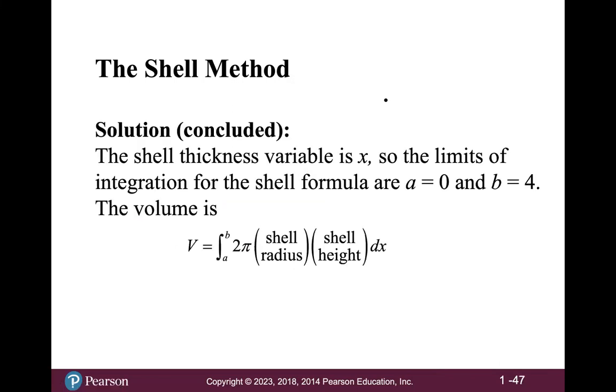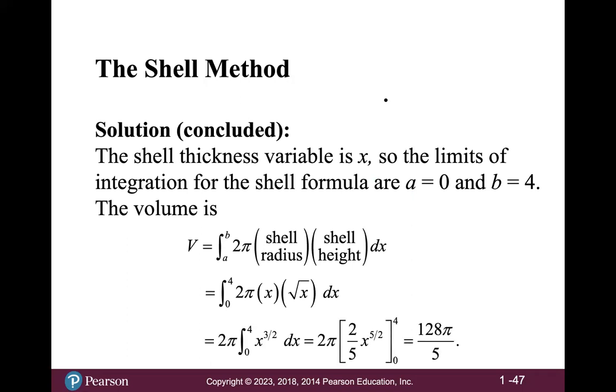So the volume is again going to be given by the formula integral a to b of 2 pi times the shell radius times the shell height with respect to x, which in this case is the integral from 0 to 4 of 2 pi times x times the square root of x. This integral is simple enough that I think I can just go through it on the slide here. x times the square root of x is x to the 3/2.